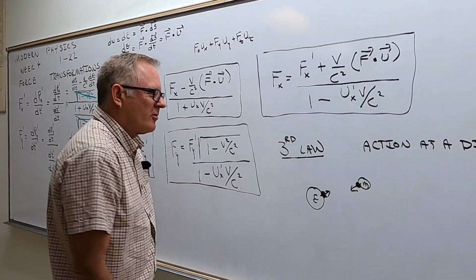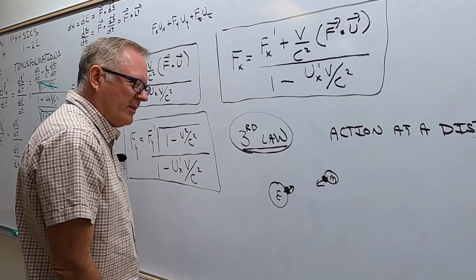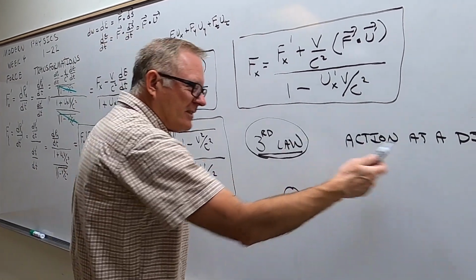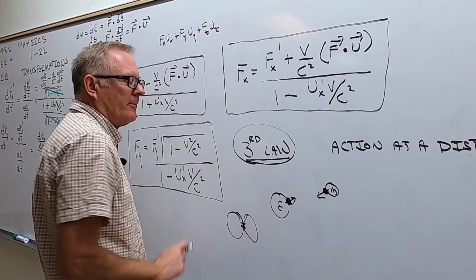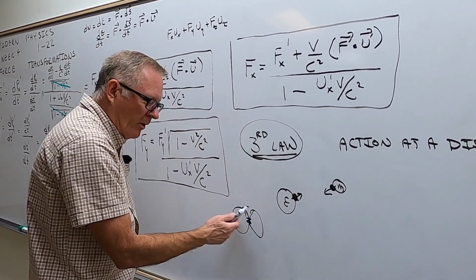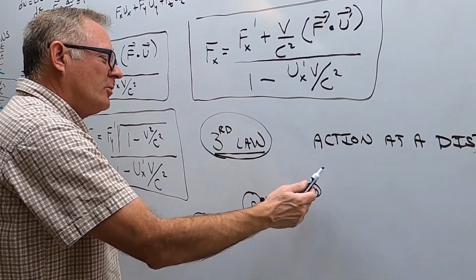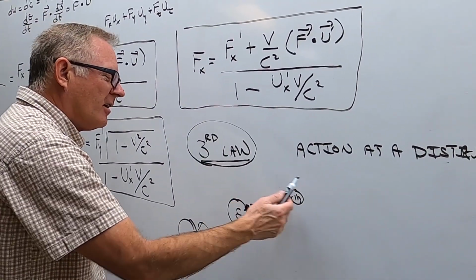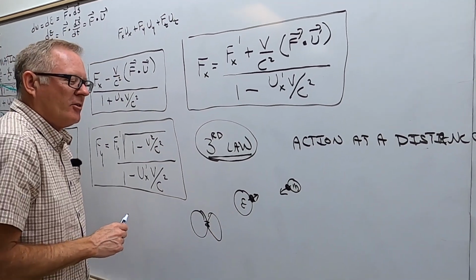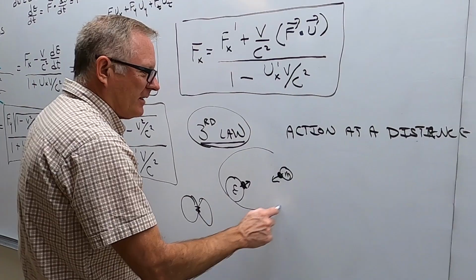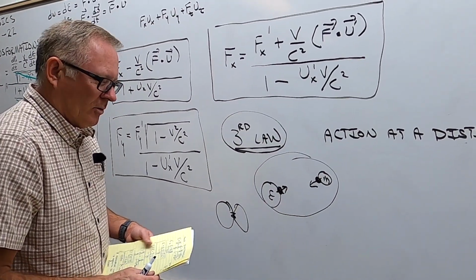So Newton's third law has a tough time with relativity, since if you have action at a distance, if you have two things touching each other right there, well, then that's the same point. But if it's action at a distance, Newton's third law can't even hold. And if Newton's third law doesn't hold for something like this, then momentum can't hold.